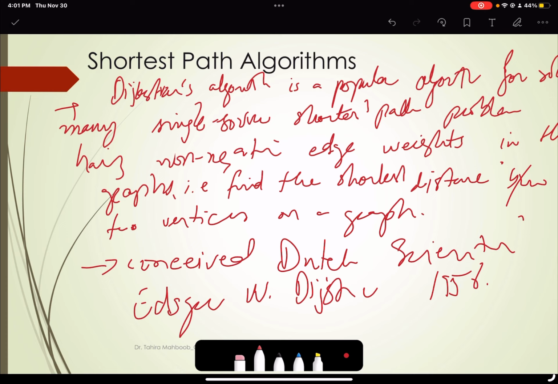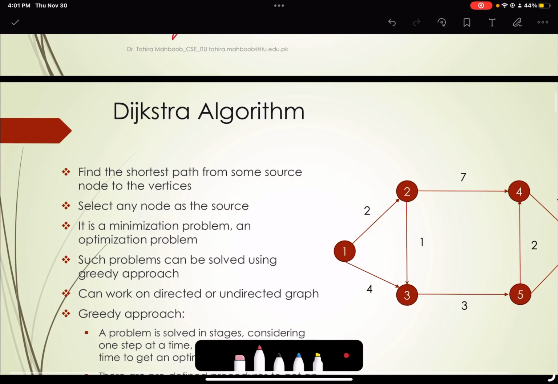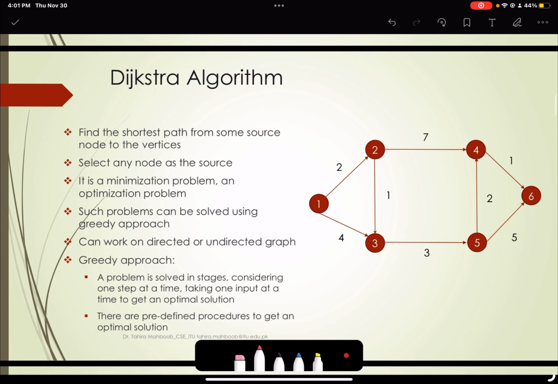So the algorithm maintains a set of vertices, as we can see in a graph. This is an example of a graph, which is a directed graph because we have direction from the source vertex to the destination vertex. The circles that we are representing here are basically your vertices, and the line that is connecting these two vertices, we refer to as the edge.